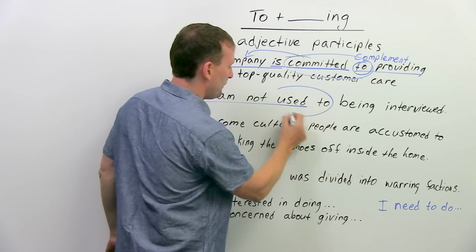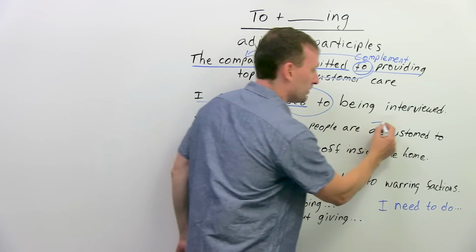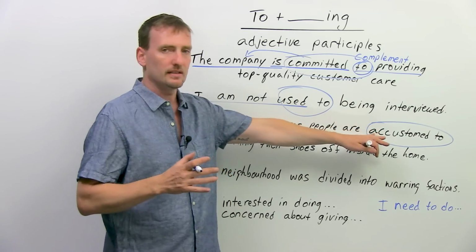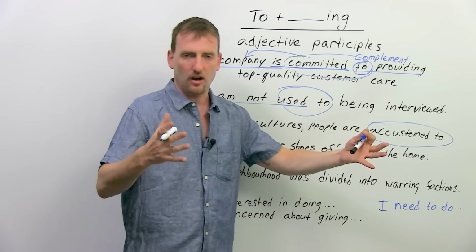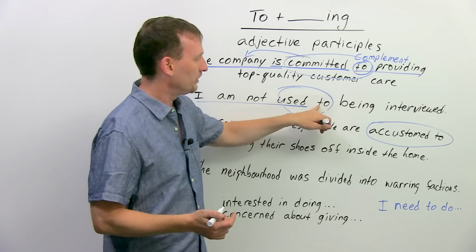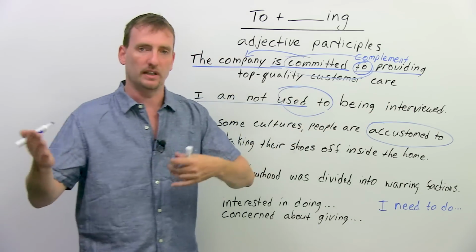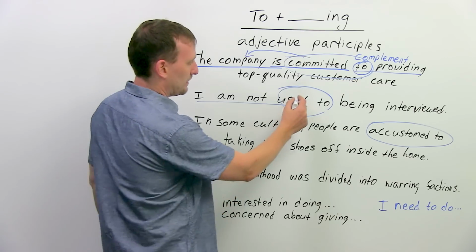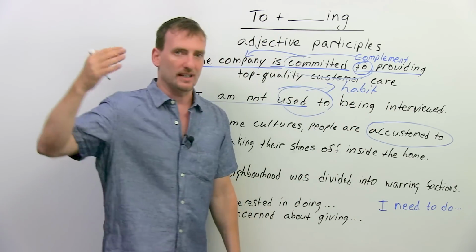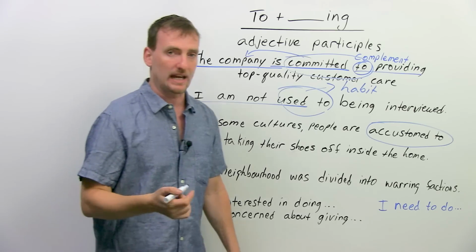But used to and accustomed to, even though they're not really complete, we use these as collocations, and they're always going to need to be completed to what? To being, used to doing. Now, keep in mind, we're talking about habit. Not used to, like something I did in the past that I don't do now.